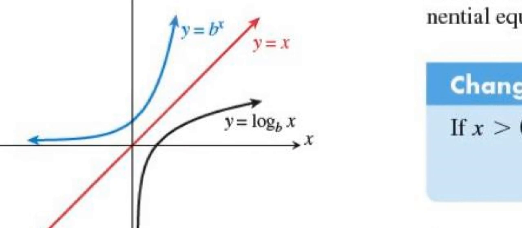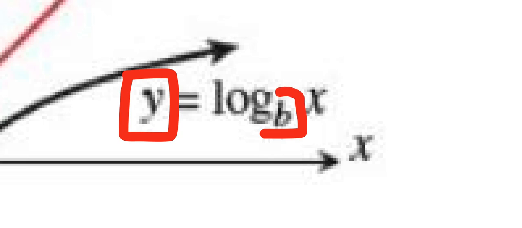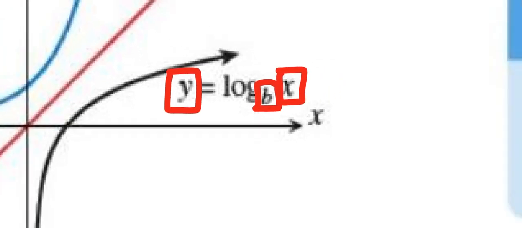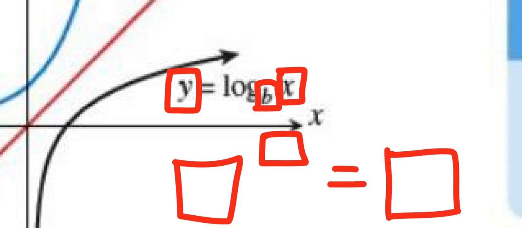Okay, so if we take this equation right here, it's got a y right there, it's got a base right here, and then it's got the argument right there. And we change it to its exponential form. Help me do that. Something to the something power equals something. What letter represents the base?